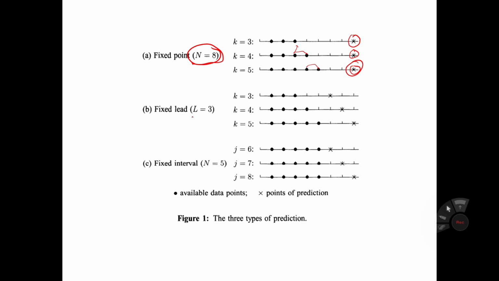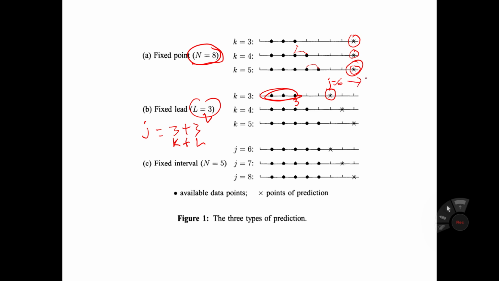And the fixed lead, for example, if k equals 3, if you are here at 3, and the lead L is 3, then what will j be? j will be 3 plus 3. K is equal to 3, this is k, and this is the lead. Then using the three-scan prediction, you will get the sixth scan, the j equals 6 scan prediction.